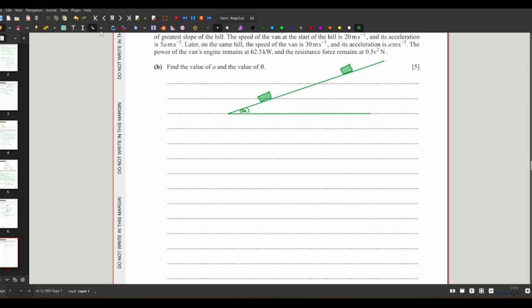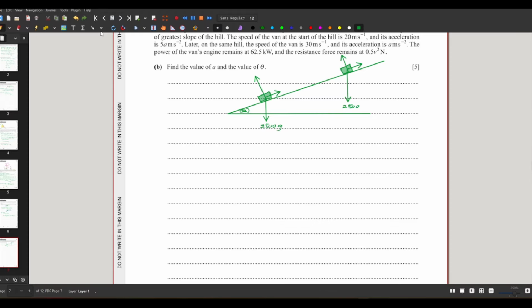So first let's indicate what forces we have. We have the weight downwards, and then we have the contact force, which is perpendicular, and we have the driving force. So this one is 2500 g.